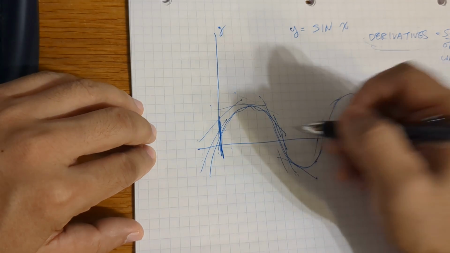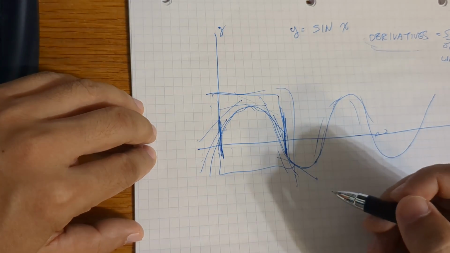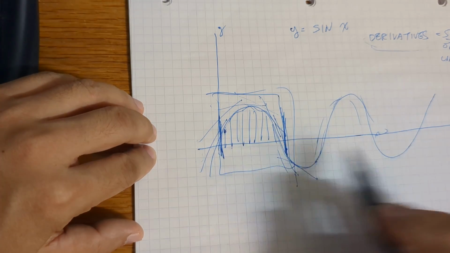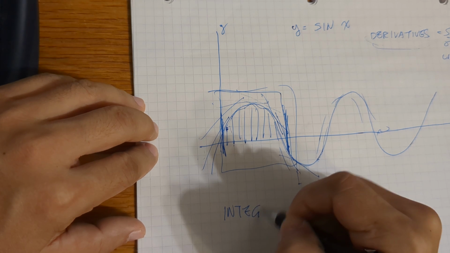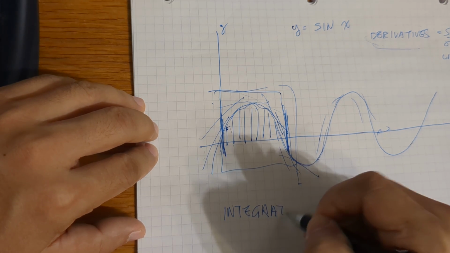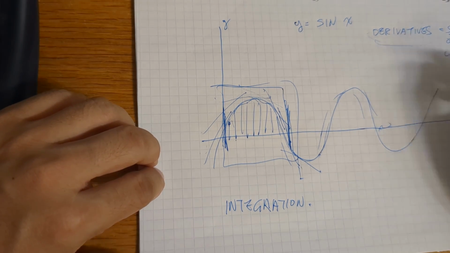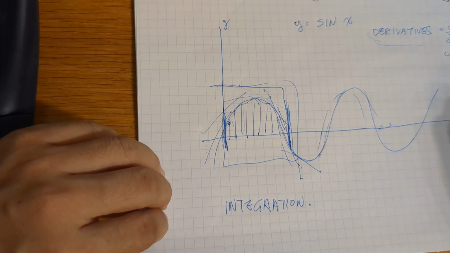We want to find the area under the curve of this kind of half circle right here. How will we go about doing so? That's what integration does. In the second semester of calculus, this is all that's covered. Well, the majority of what's covered.